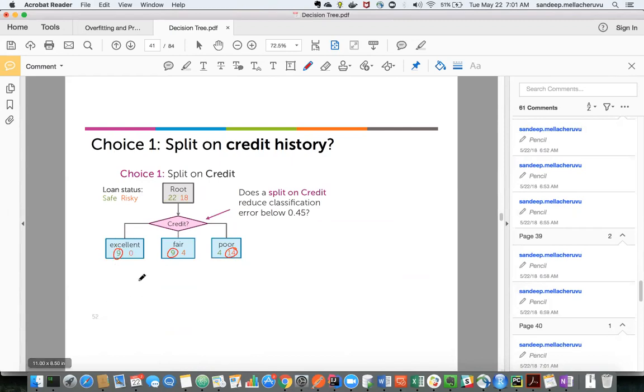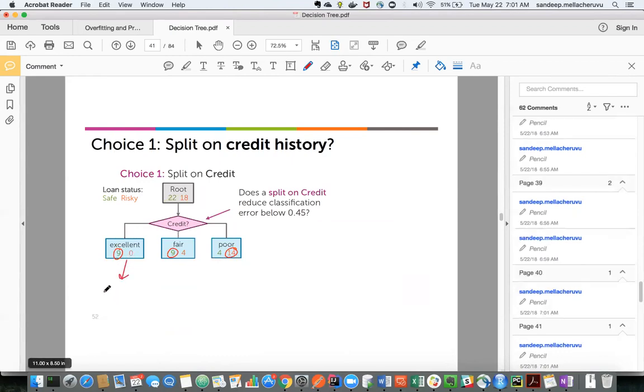Now the number of mistakes: here we are going to predict safe loan, and there are 0 risky loans, so there are 0 errors here. Here we say safe loan, which is the majority class, and we make 4 mistakes. And here we say risky, and we make 4 mistakes, because 14 are risky, which is proper, and 4 are safe loans, which is wrong.